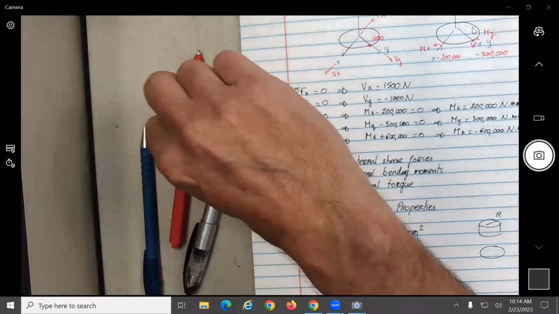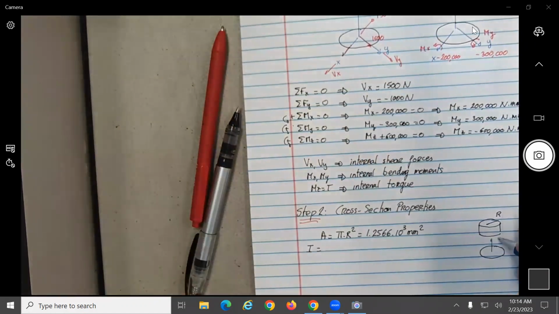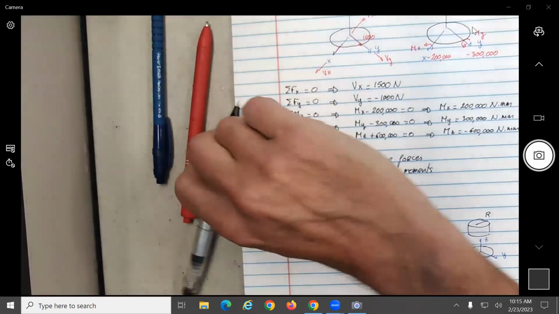Let's think about bending. About which axis can this bend? We have here Z, Y, X. About which axis will this be bent? Either on the X or on the Y. But since it's circular, what does that mean?